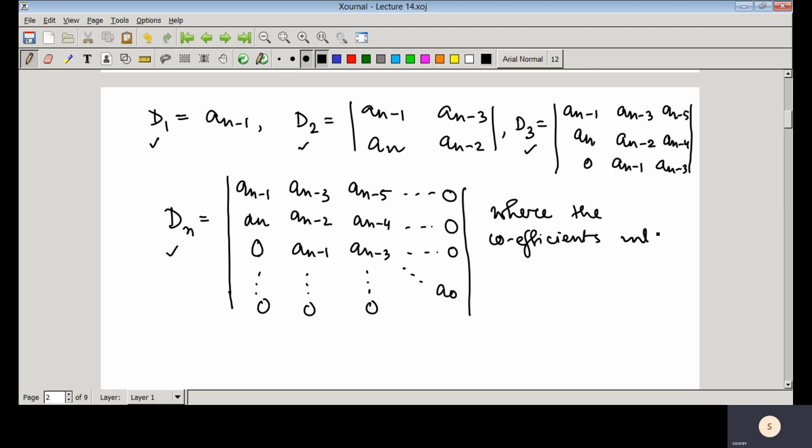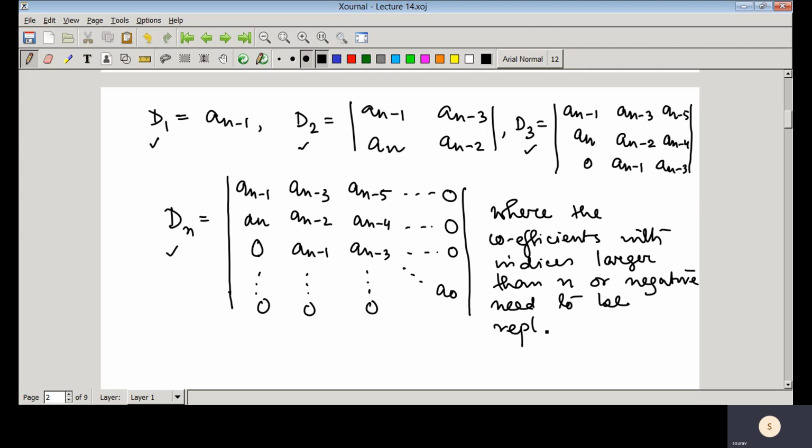So whenever we will be forming the Hurwitz determinant, the coefficients with indices larger than n or negative need to be replaced by 0.